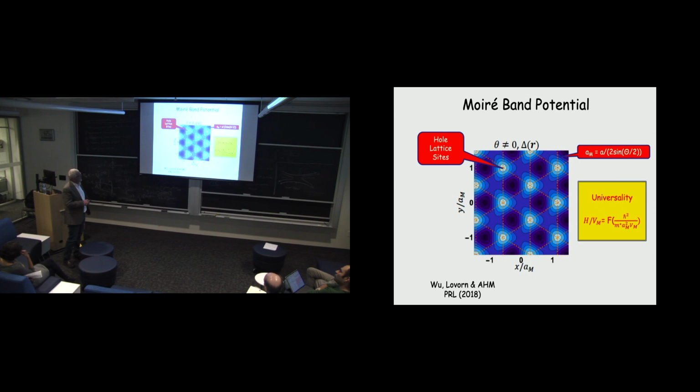It just provides a potential energy whose size is always the same, but which varies on a length scale that I can adjust just by changing the twist angle relative to each other.